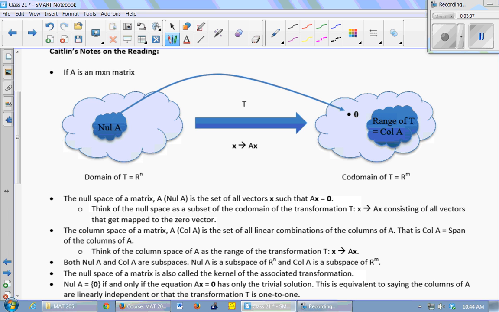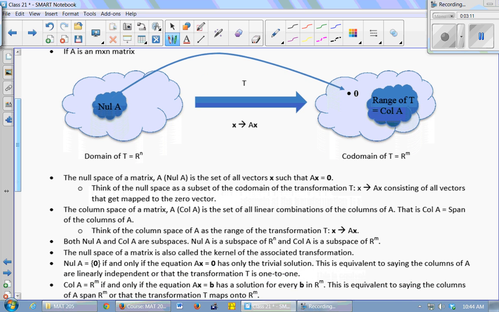The null space is the set of all vectors x such that Ax equals 0, all the vectors that get mapped to 0 by the transformation. And the column space is the set of all linear combinations of the columns of A, or the span of the columns of A. Think of the column space as the range of the transformation x goes to Ax.